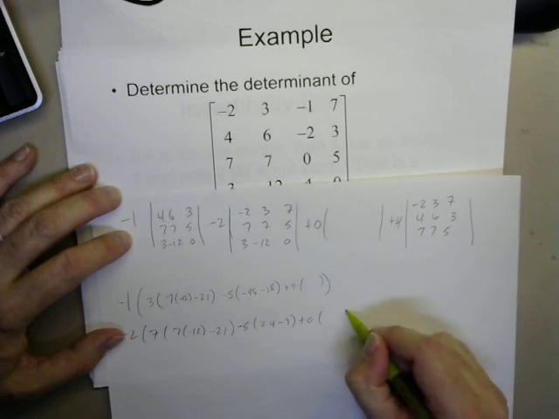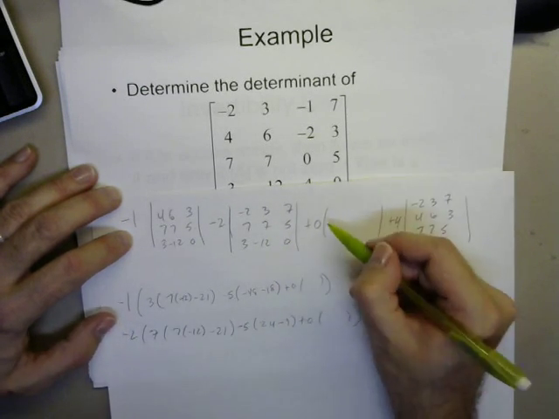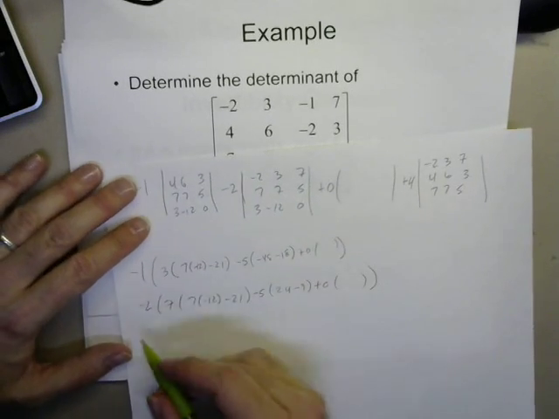And then I'll have 0 times whatever, that's still just going to be 0. Then for this determinant I get 0, so I really only need to calculate this one.